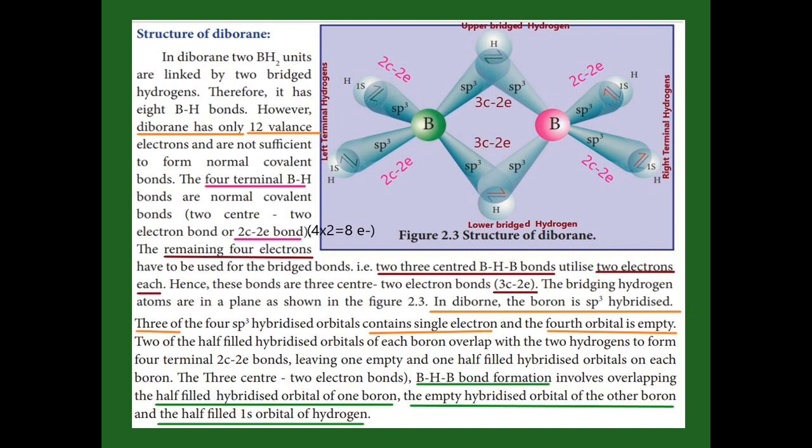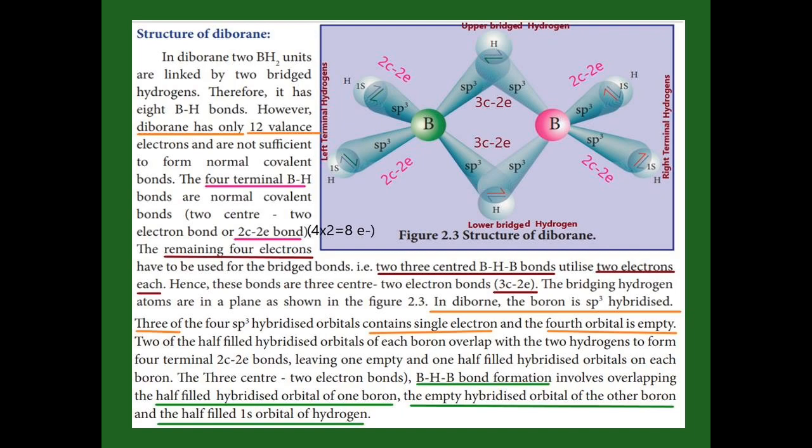Now how many terminal hydrogens are there? 4 terminal hydrogens are there. So the 4 terminal BH bonds are normal covalent bonds only. For 4 covalent bonds, 4 into 2, 8 electrons we need. So the 8 electrons are given by the 2 boron atoms.